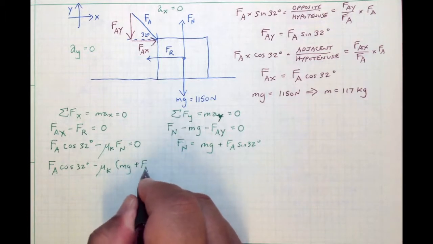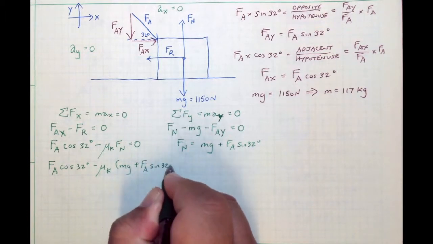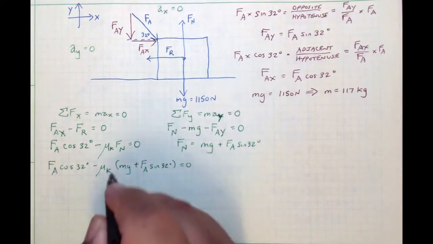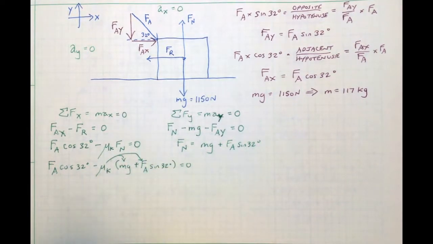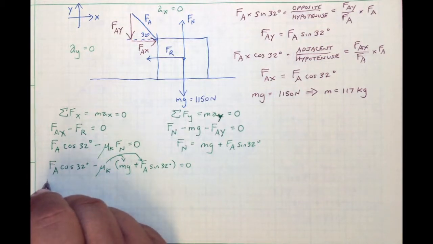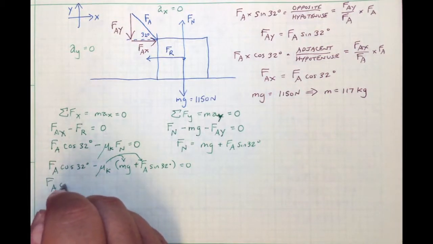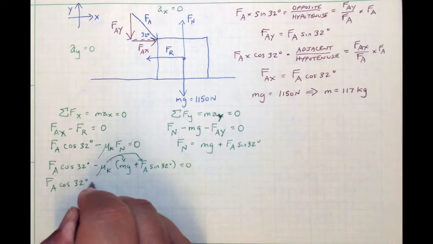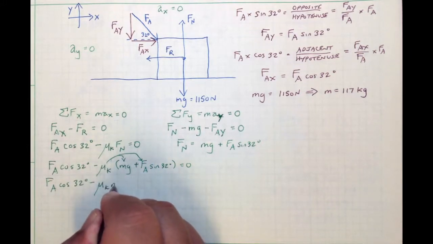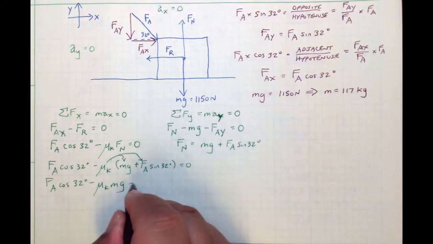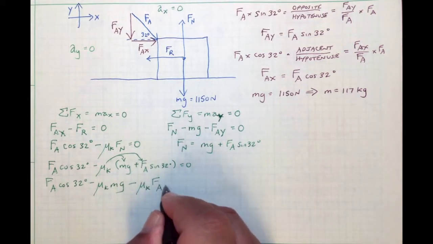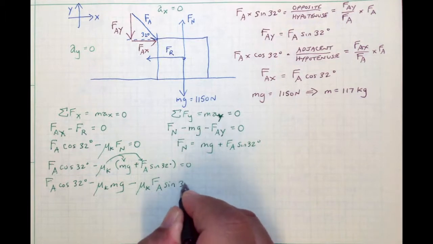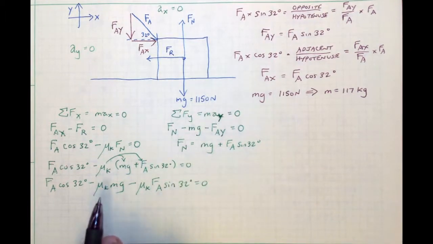That plus sign is now there. Once again, we take the coefficient of kinetic friction and multiply by both terms in parentheses, getting us this result. We multiply mu k times mg, and we also multiply negative mu k times Fa sine 32 degrees. Notice how both of them have negative signs.